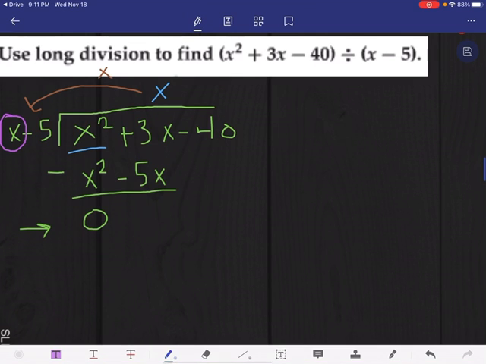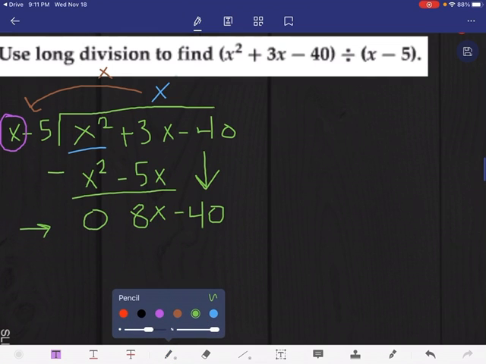And then I'm going to subtract the next two terms. So I have 3x minus negative 5x. And I am still subtracting, so be careful with that, because we're going to end up with an 8x because we're subtracting a negative. So then our next step, just like with our number division, is going to bring down our next number.